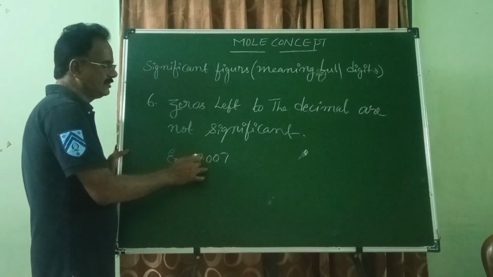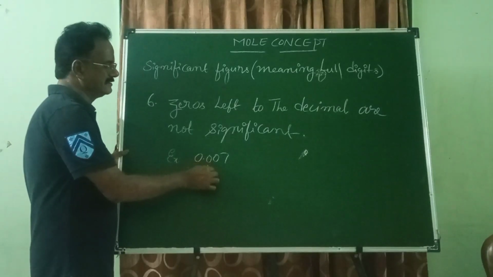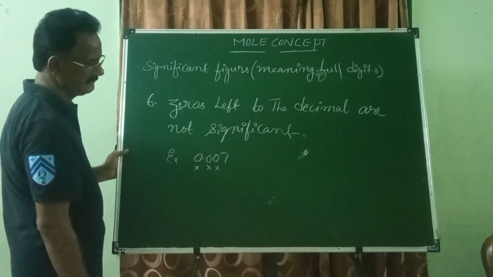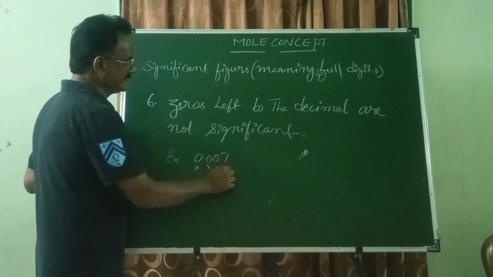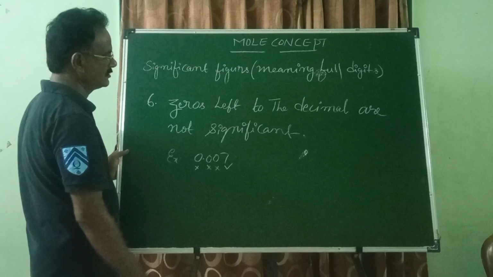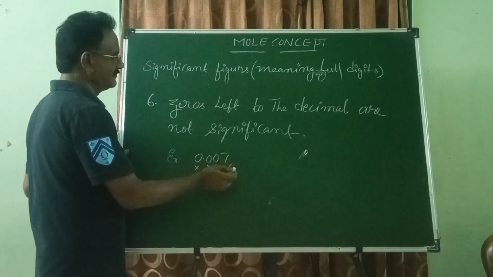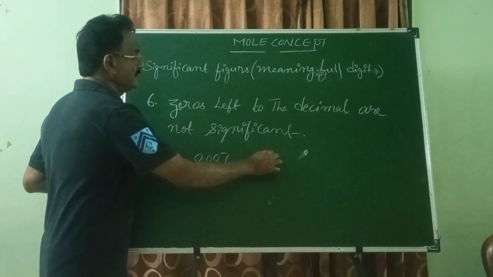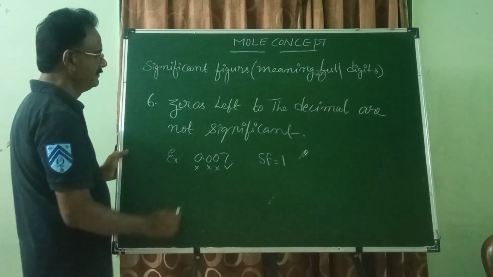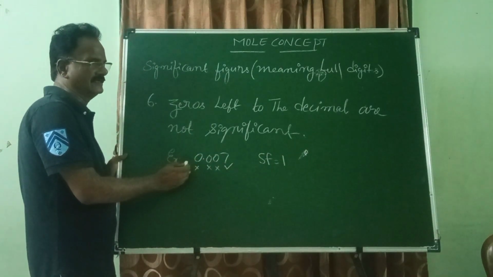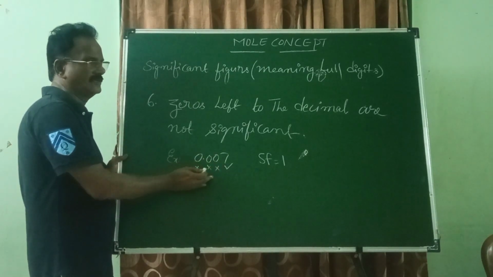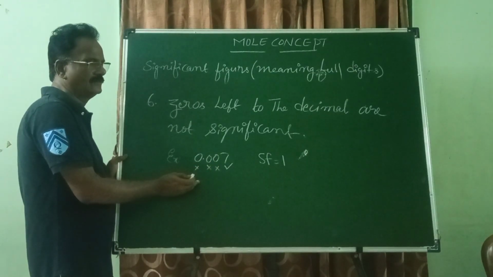Being this 0 is non-significant, these zeros are also considered non-significant. Only one significant number is here. In 0.007, how many significant figures are there? Only 1. Is it clear?